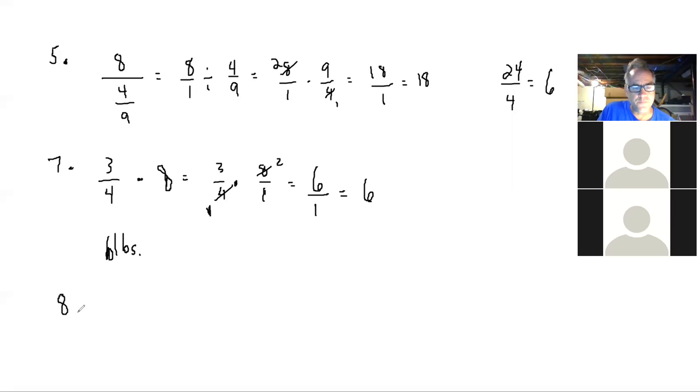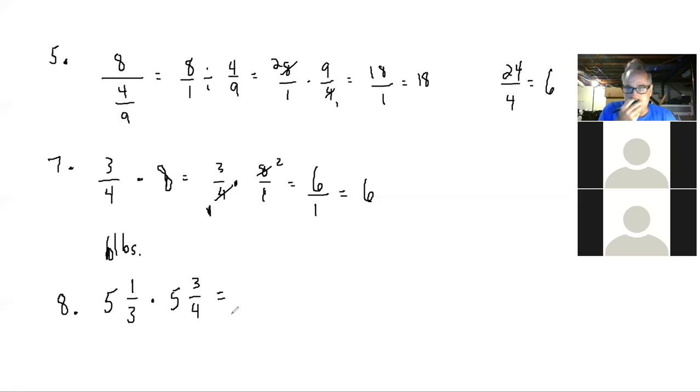Now, number 8 is multiplying two fractions. They're both in mixed fractional form: 5 1/3 times 5 3/4.